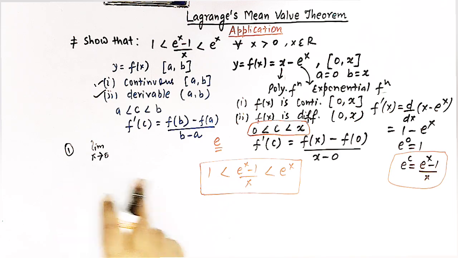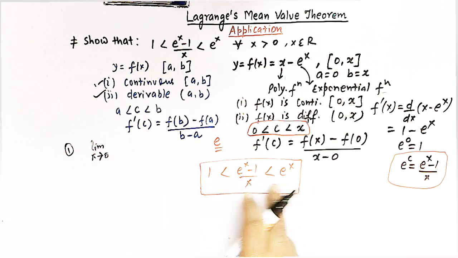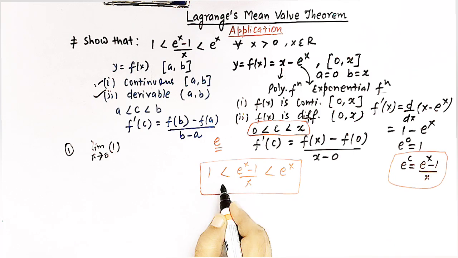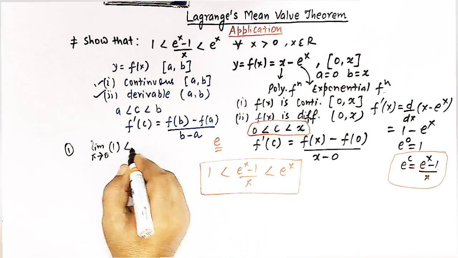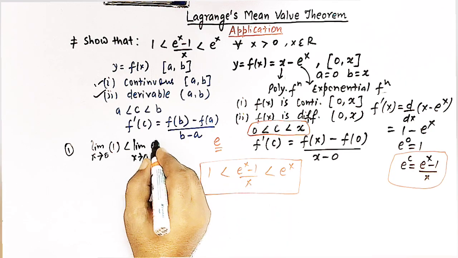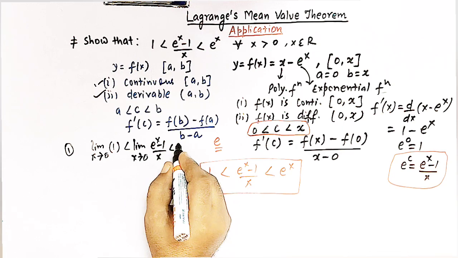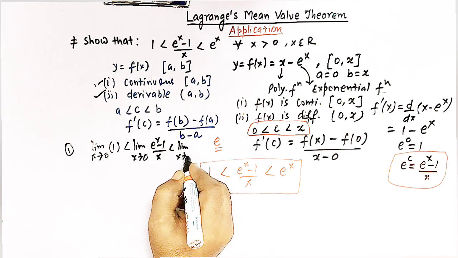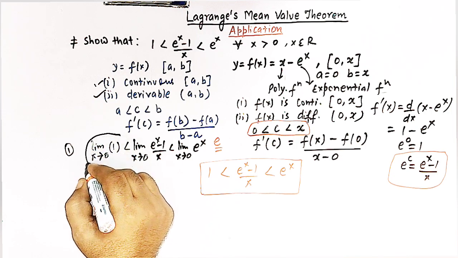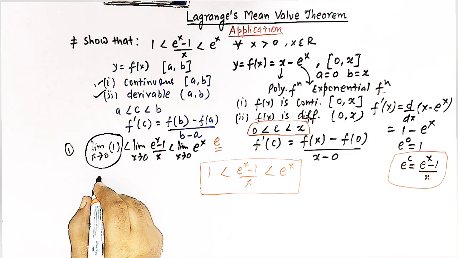Now what we will do, we'll take the limit x tends to 0 throughout this inequality. So here we have limit x tends to 0 of 1, and then we have limit x tends to 0 of e raised to x minus 1 over x, and here we have limit x tends to 0 of e raised to x.